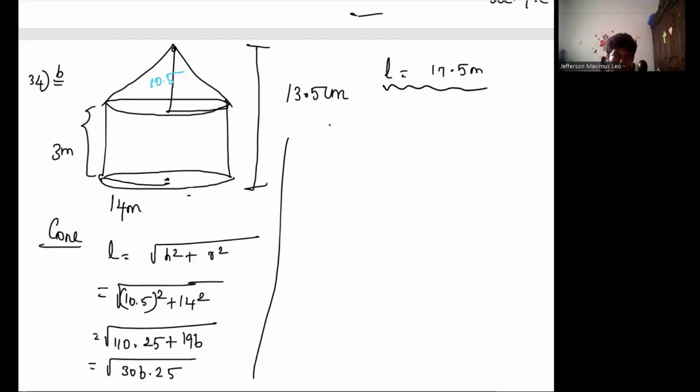Therefore, conical portion, CSA of a cone is equal to pi RL. So pi is 22/7. Radius is 14.